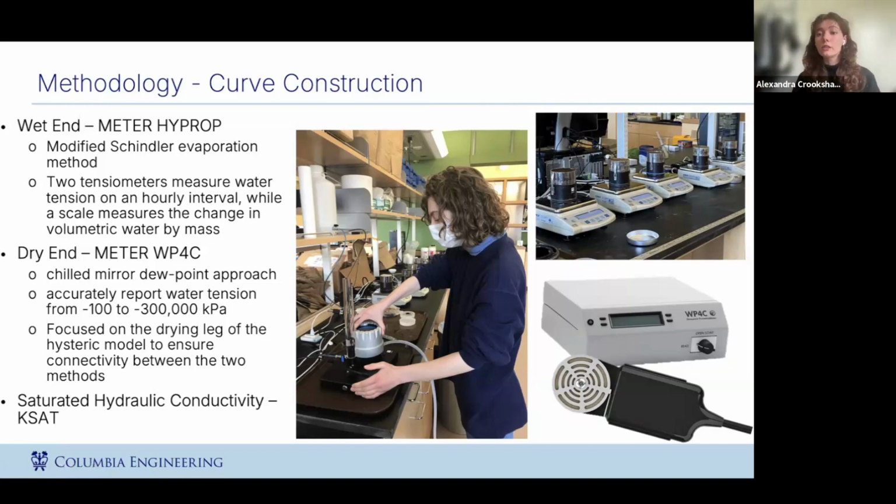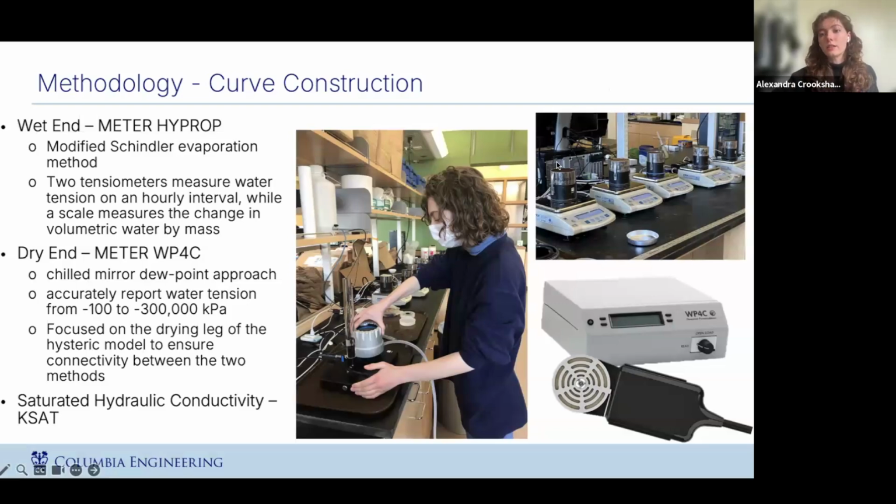So these are truly undisturbed, fairly large samples, especially large compared to historical methods of making the soil water retention curve. And on the base of the instrument, the black part there are two tensiometers which regularly measure water tension, and it sits on a scale which regularly measures that volumetric water content.